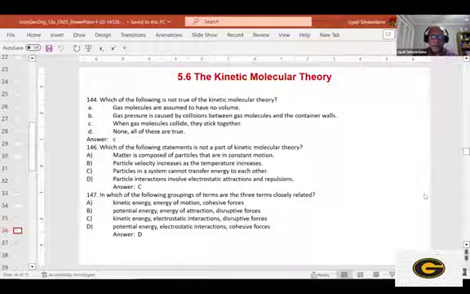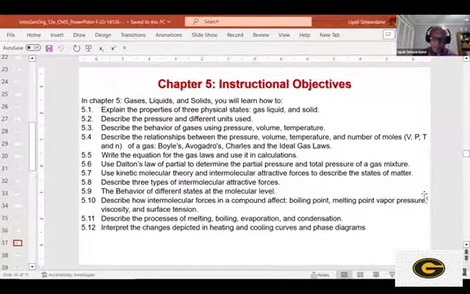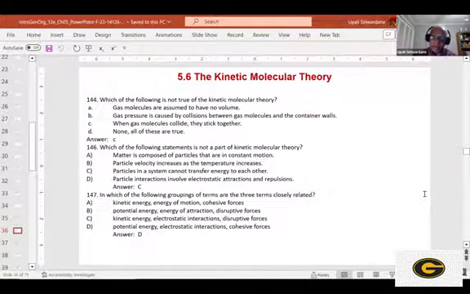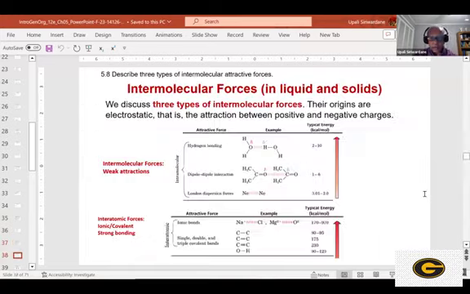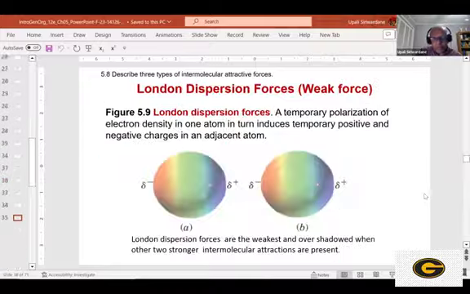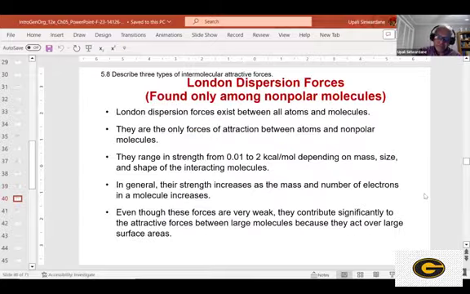So we have asked questions about kinetic molecular theory. We also talk about intermolecular forces. There are 3 types of intermolecular forces. London dispersion forces are present in non-polar molecules.